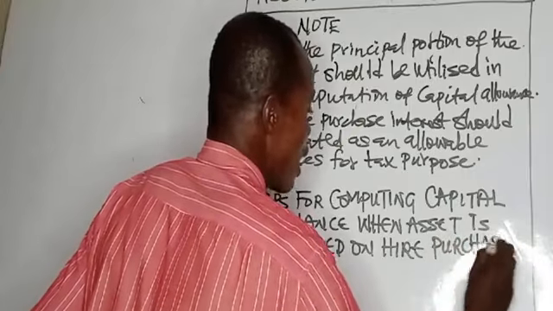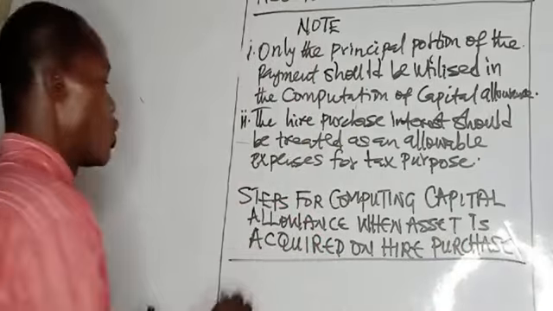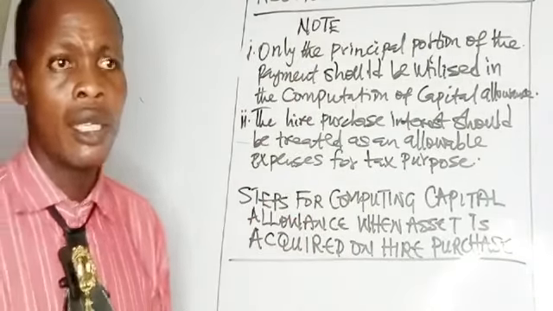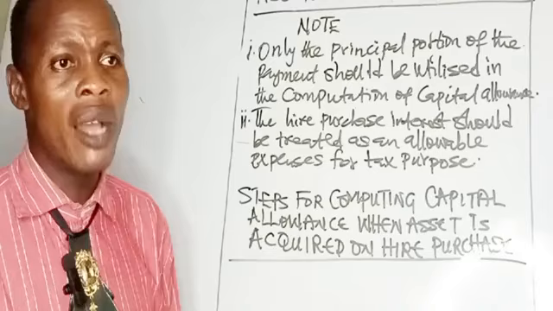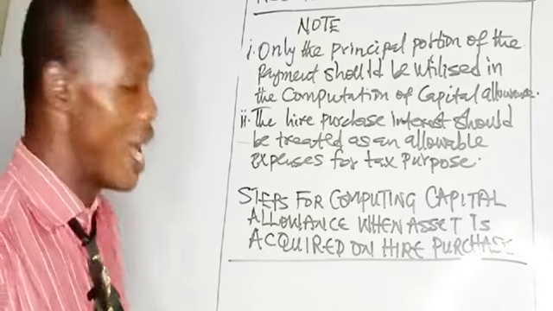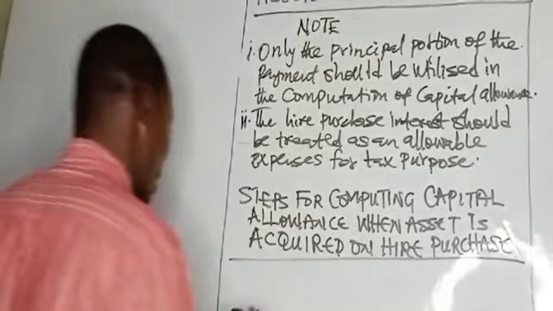When an asset is acquired on hire purchase and you want to compute capital allowance, the following steps shall be followed. Number 1 is to calculate the hire purchase interest.